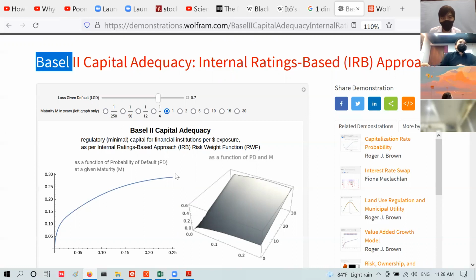The reason it's called Basel is because the town's called Basel. BIS comes up with this rule and says, okay, fellow central bankers, let's use this for regulating your commercial banks. Okay, so this is called the internal ratings based, IRB, approach. So this is a formula in there.